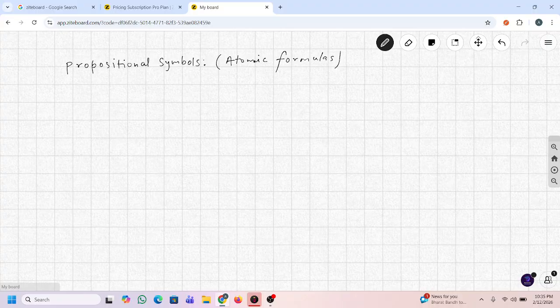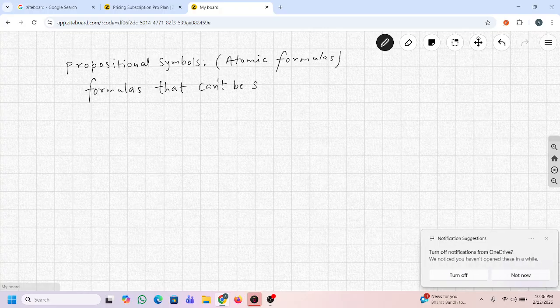Now see, what are they? Formulas that cannot be subdivided.